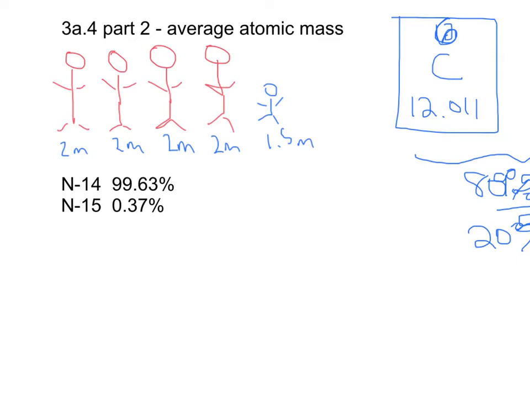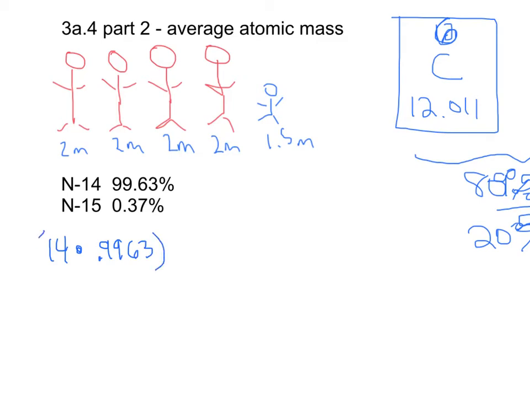So if we wanted to find the average atomic mass, we would simply take 14 multiplied by 99.63 turned into a decimal, which will be 0.9963.